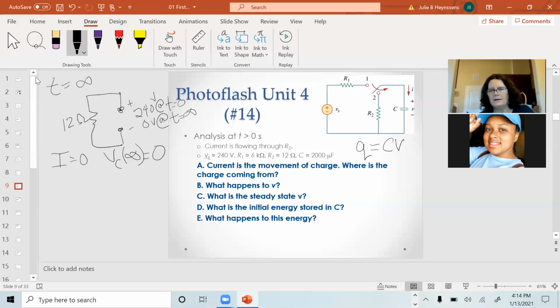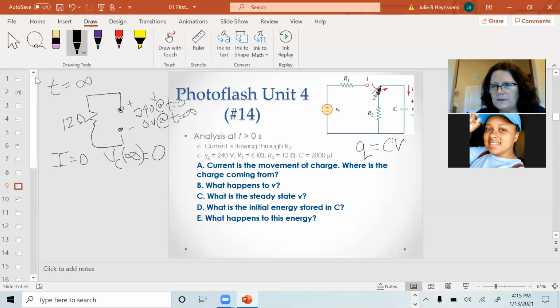So the energy is in the form of charge. I've got capacitance, I've got charge on here. When I initially have this thing at 240 volts, I've got 20 amps of current coming through here. And current is dq/dt.